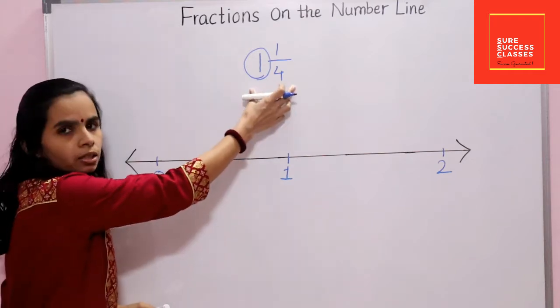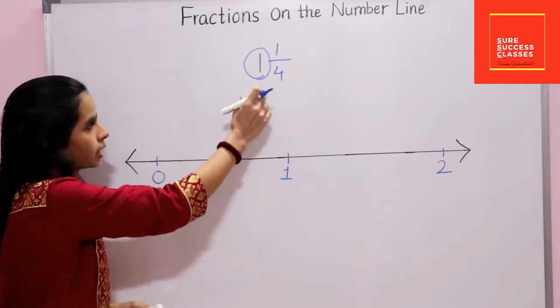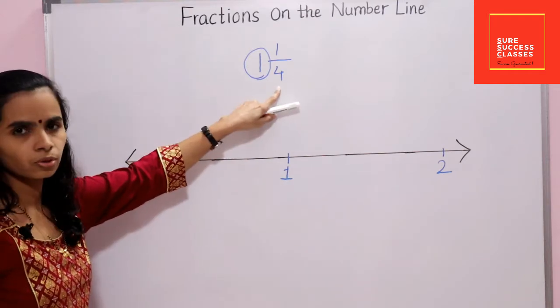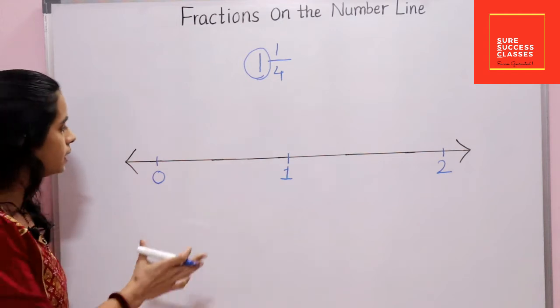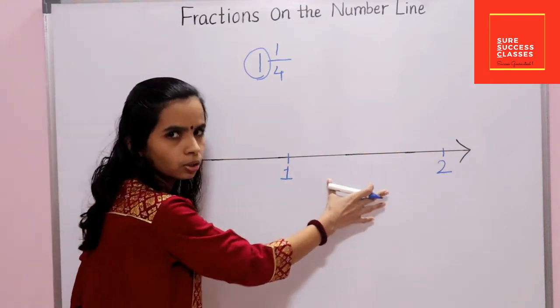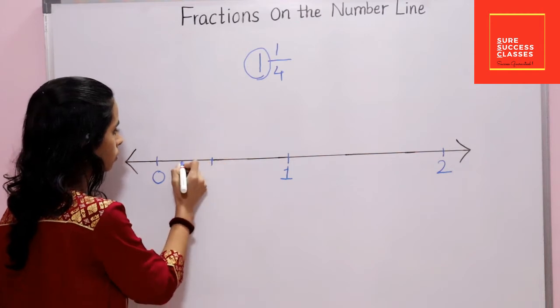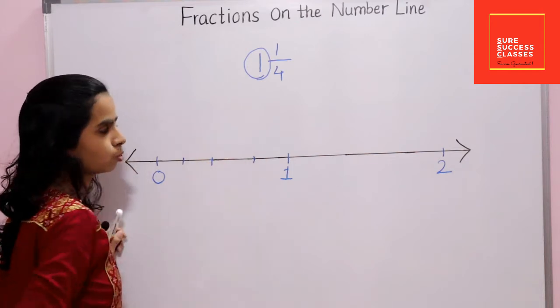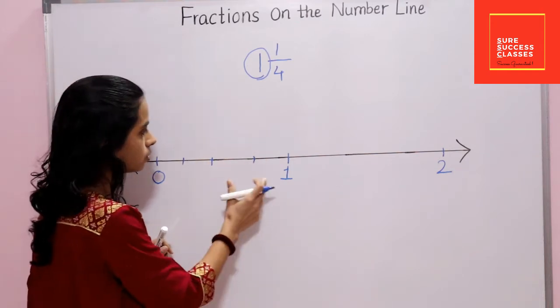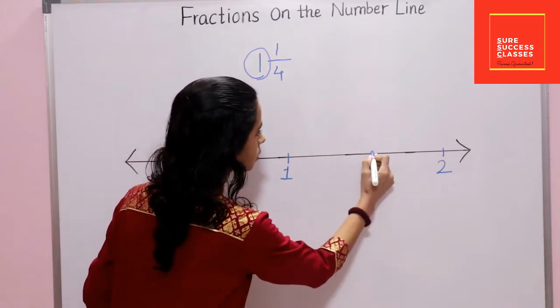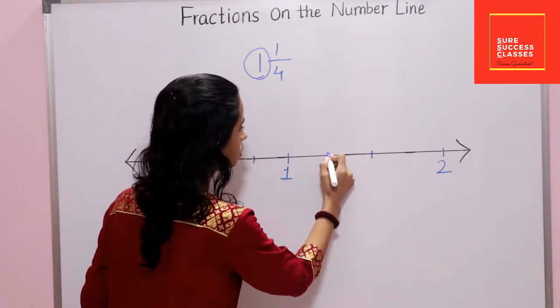Then look at the denominator of the given fractional part. It is 4. So we will divide this segment and this segment into 4 equal parts. Divide into the middle, then make two parts of each. Here also we can do like this.